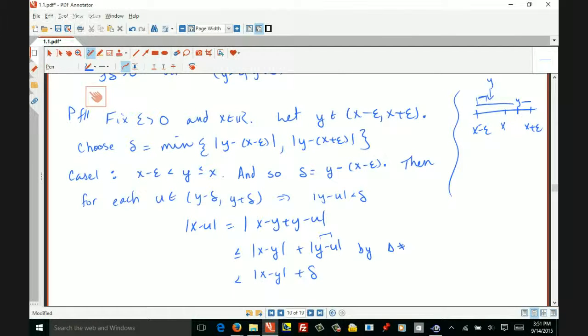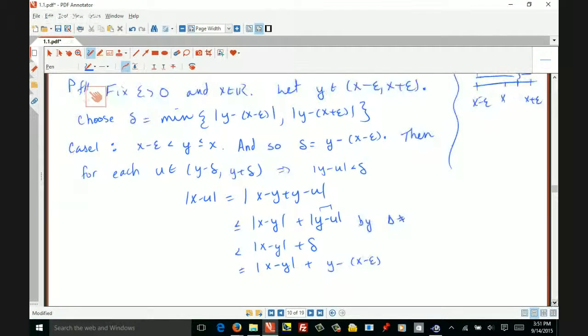What is delta equal to? Now, how am I going to be left with this epsilon? Where do I know y lives? So x minus y would be less than epsilon, right?